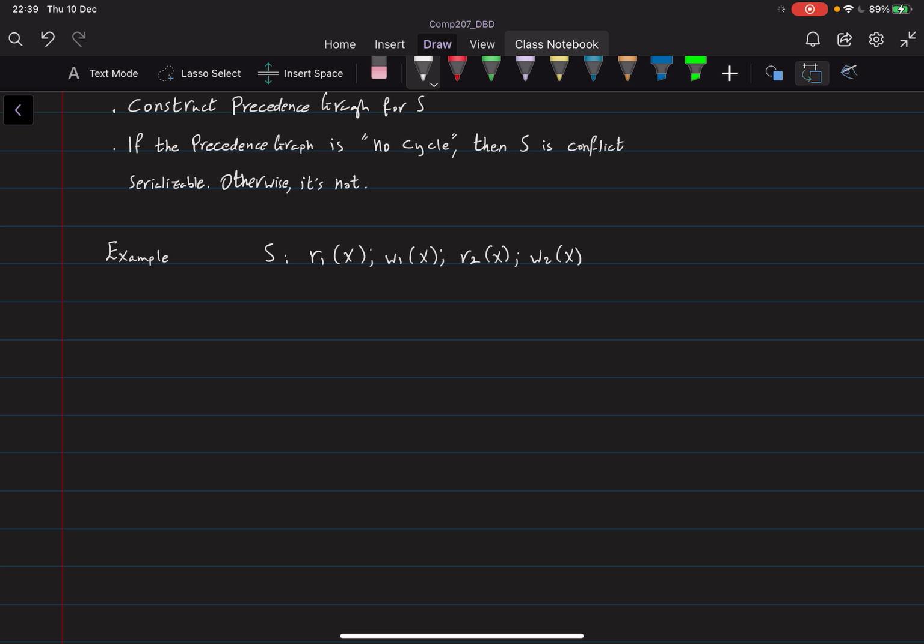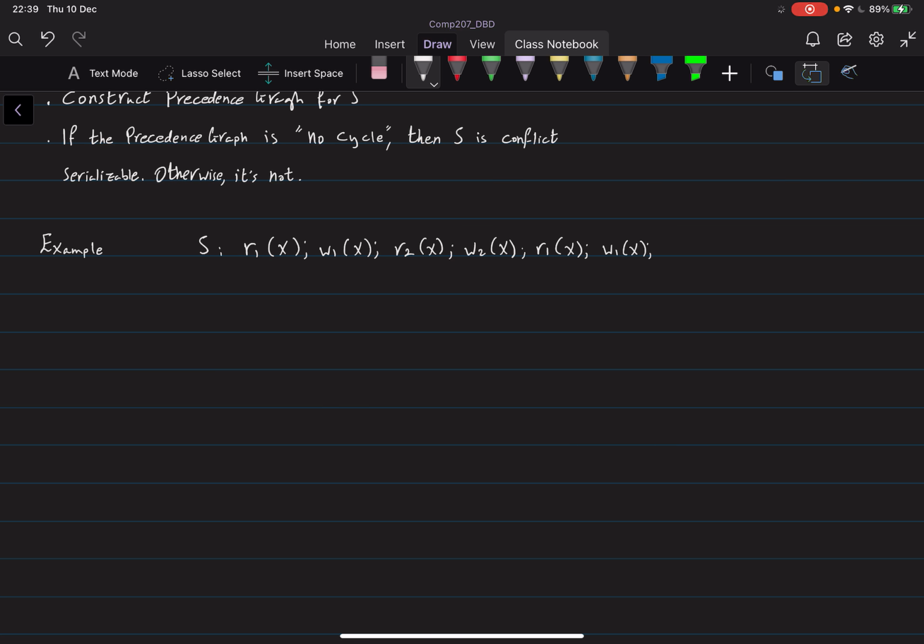W2 on X, then R1 on X, and then W1 on X, and let's also have R1 on Y, W1 on Y. Sorry, I just need to change this to Y, I don't know why I'm having all of them reading on X. So this is Y, and then R2 on Y.